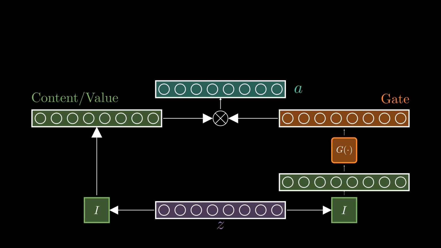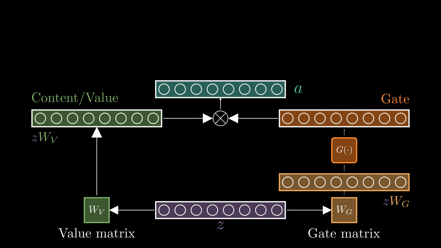For content, we apply a dedicated weight matrix WV to the input Z, producing a learned content vector. Similarly, we can compute the gate vector using a learned matrix WG, followed by applying the gating function. A learnable WG matrix lets the gate depend on arbitrary linear combinations of the input, not just element-wise values.